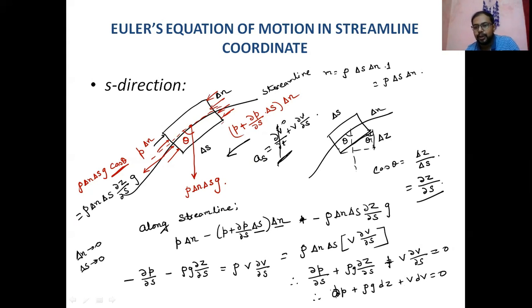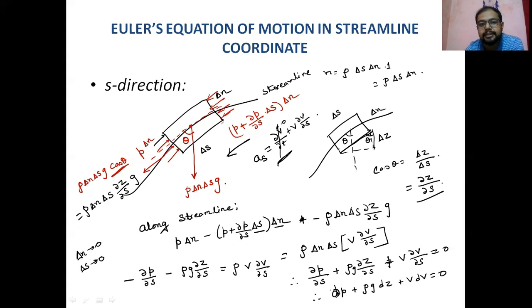So along the streamline, the Bernoulli's equation will be satisfied, with the same conditions: inviscid flow, gravity as the only body force, steady flow, constant density, and along the streamline. That is the S direction. The same way, we can derive the same equation.